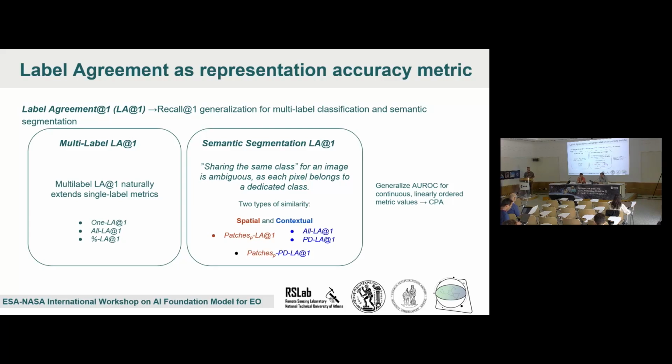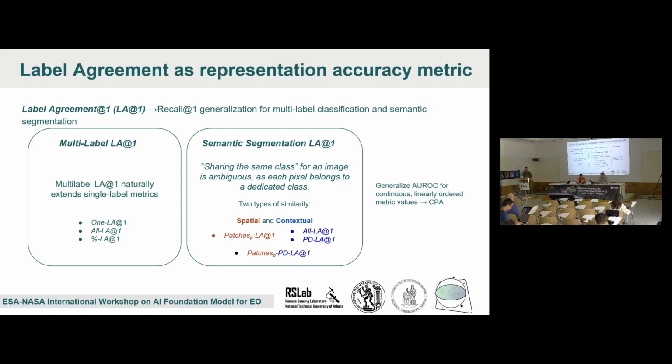What I really want is to have at least one class in common for the two samples to be considered close enough, or have all of the classes be common between them, or a percentage of them, or something like that. For the case of semantic segmentation, this becomes more complicated because sharing the same class is not as straightforward as it would be in single label classification or multi-label classification.